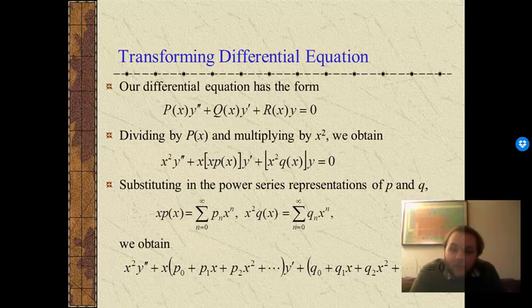And frequently, since we're using polynomials as our p's and our q's, we can either Taylor expand, or it'll be in a ready-made form already. And so if we expand those x p's and x squared q's fully, we will frequently see the pattern emerge. If we use p naught and q naught, you'll be surprised how often that will help us create a nice solution for our Euler type of solutions.